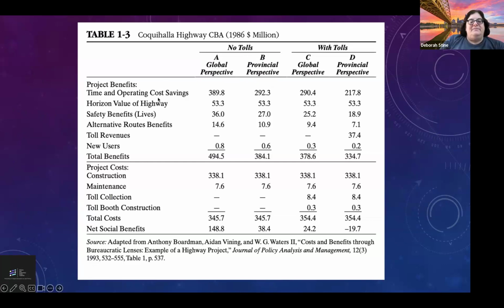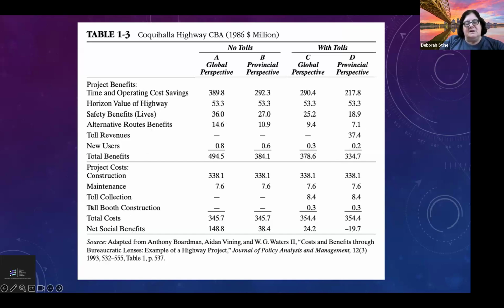And so you'll see here the project benefits in terms of cost, the horizon value in terms of how long it lasts, safety benefits, how that's going to vary, alternative routes, toll. In this case, you don't have the toll revenues, but you do here, and then the total benefits. And then you look at the cost. The costs are construction, maintenance, toll collection, toll booth construction, and then you get those net societal benefits.